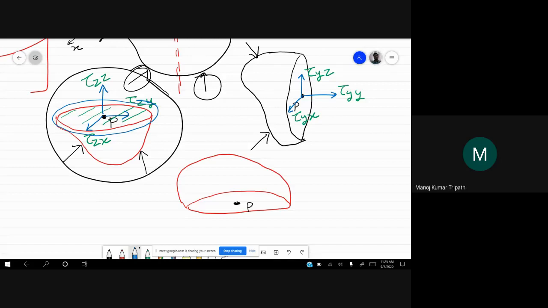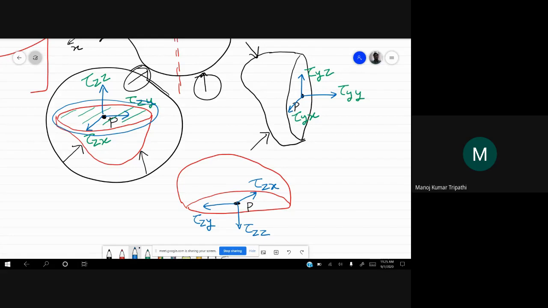and because the body is in equilibrium, we can just say that there is this that is same as tau zy. There is this normal force which is same as tau zz, and this other force that is same as tau zx.